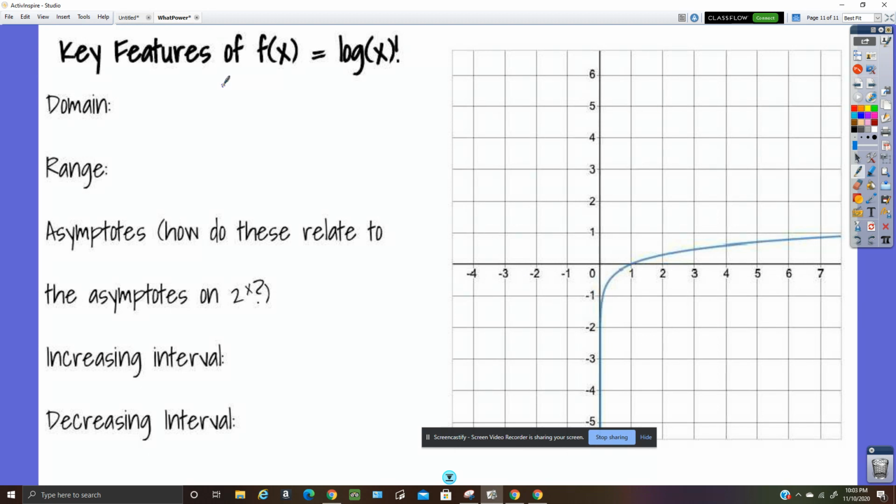And then the key features of a log graph, the domain is 0 to infinity. The range, negative infinity to positive infinity, are all real numbers. The asymptote, x equals 0. It's the same as 2 to the x there.